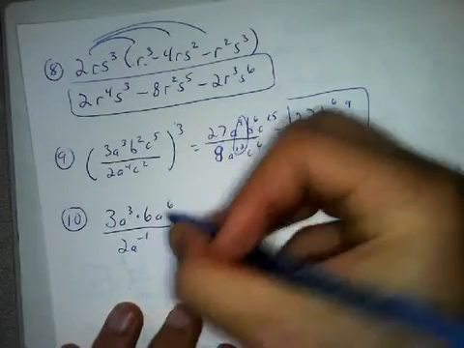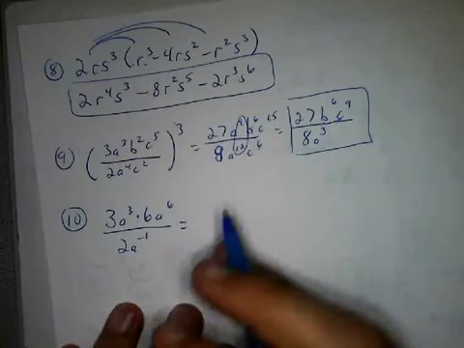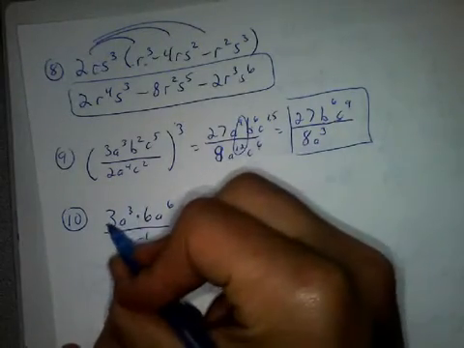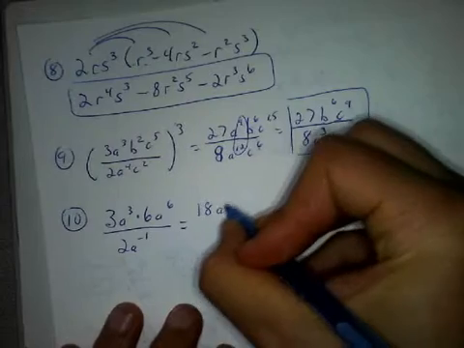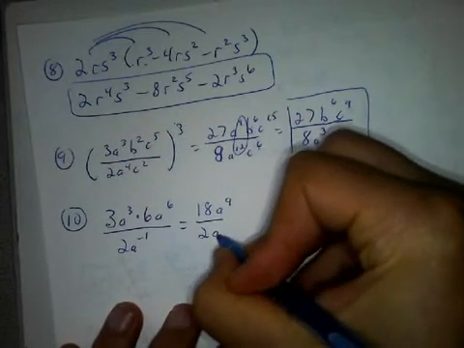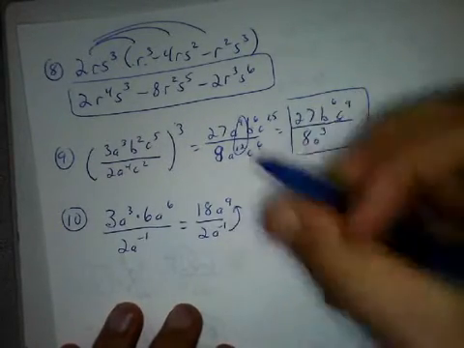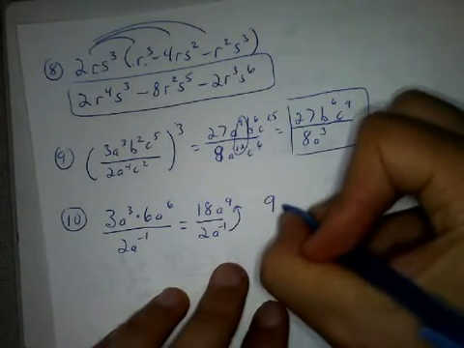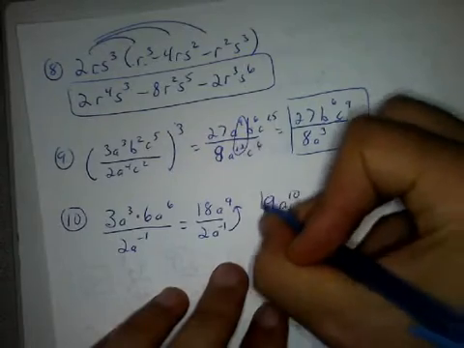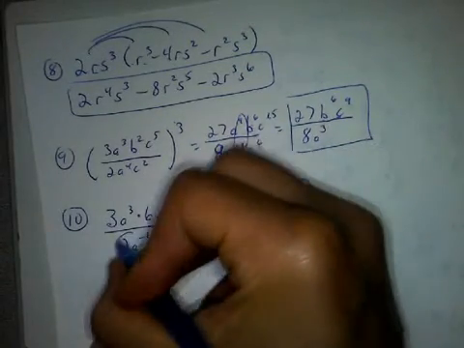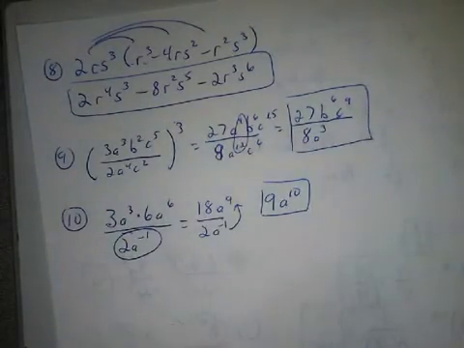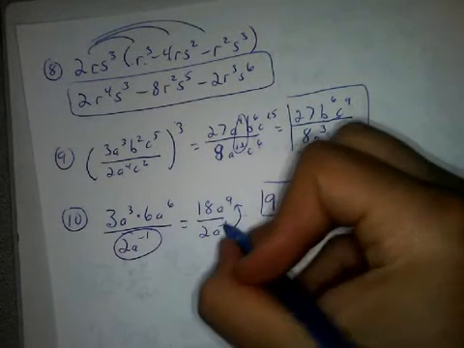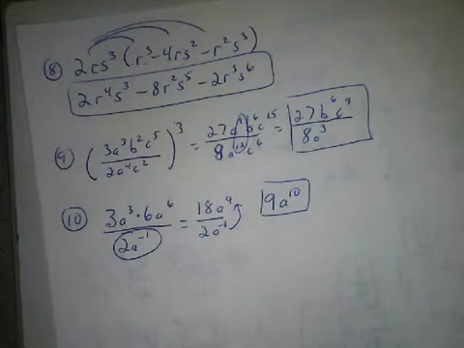If we simplify the top first, you'll see how you will not make a mistake if you simplify the top first. 3 times 6 is 18, a to the 9th, over 2a to negative 1. This then flips up, or you could subtract these to get 9, a to the 10th. The mistake usually is people flip this up together. If 2 does not flip up, it does not become 36, because this exponent is only attached to the a.